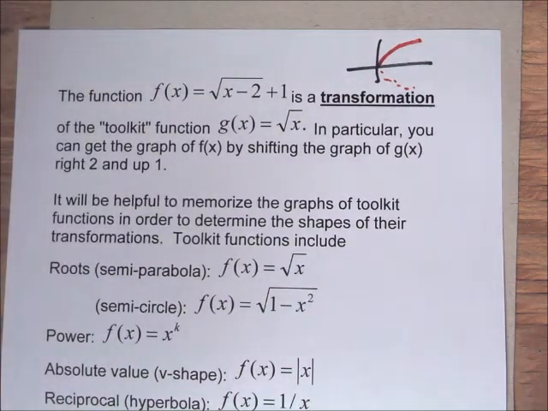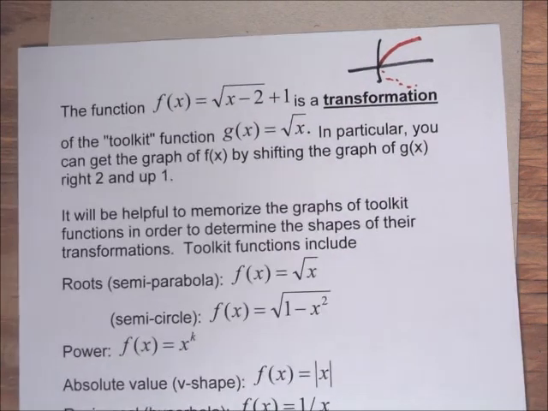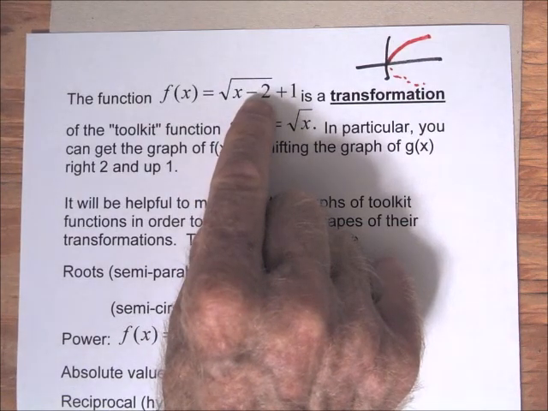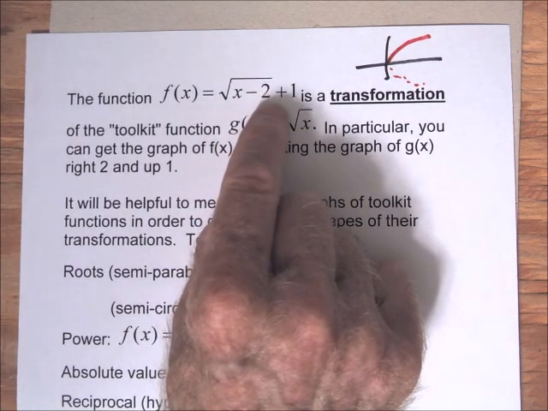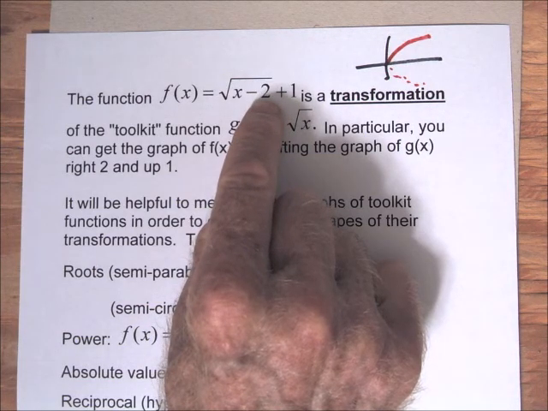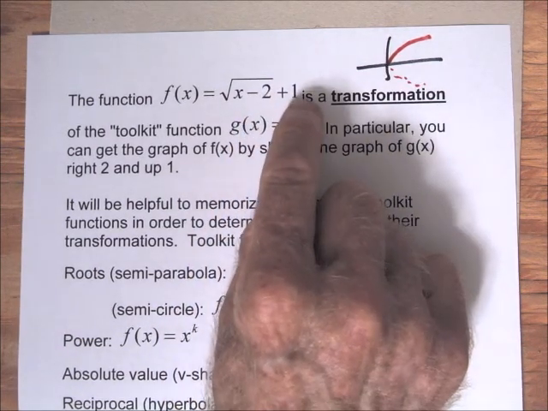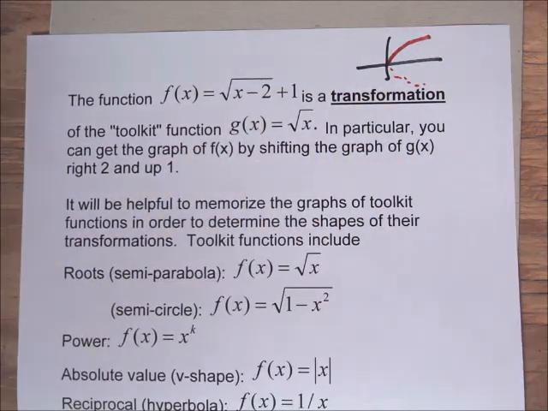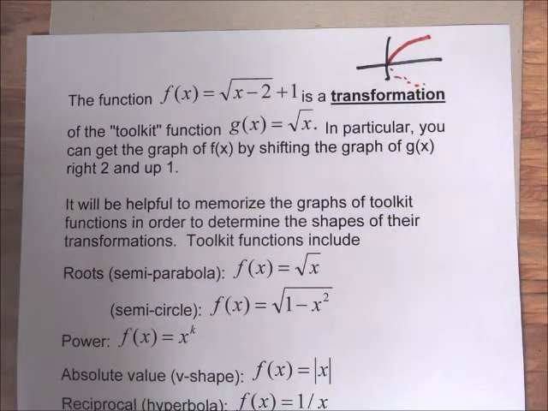And so here we're subtracting 2 from the x-coordinate, which moves the graph 2 places to the right, and then we're adding 1 to the y-coordinate, which shifts the graph up 1. So whatever you do to the x-coordinate has the opposite effect of what you might think.